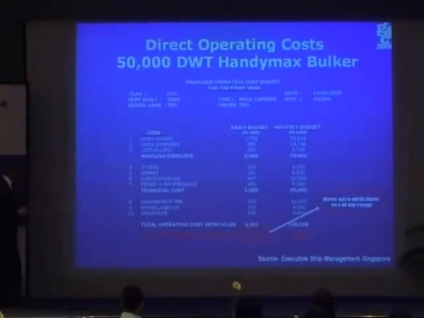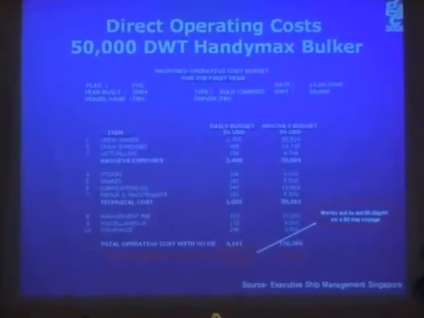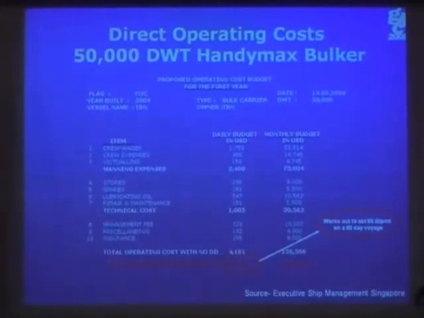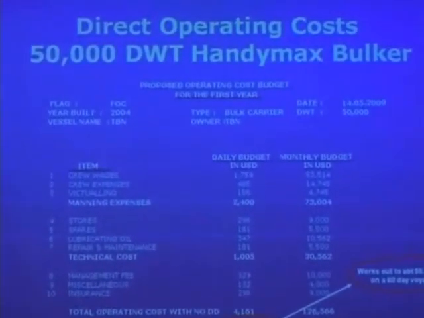Now, I just wanted to give you an example so you get a feel for the range that we're talking about. This is a quote from Executive Ship Management in Singapore, and it essentially gives you an amount of money that it takes to run a 5-year-old bulker.